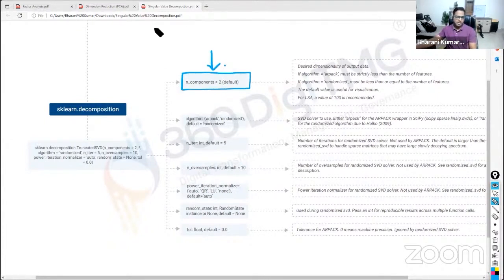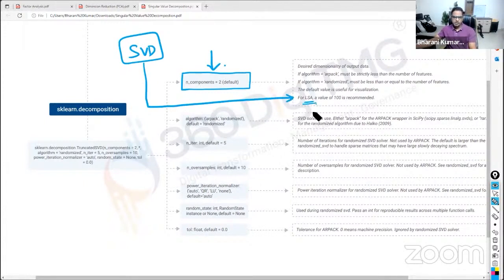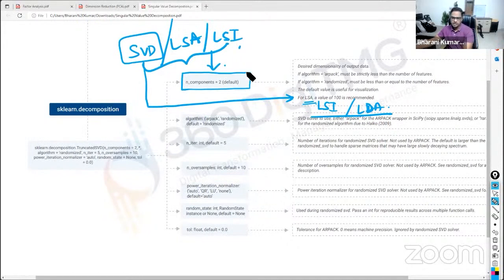Okay, and this SVD concept is very well explained as part of topic modeling techniques such as LSA, which is also called LSI, and also LDA. Sometimes people also call SVD as LSA or LSI. Interchangeably, they use that. That is how closely they are related.